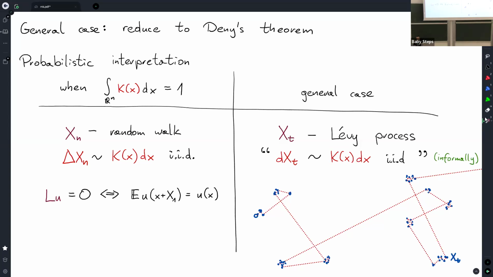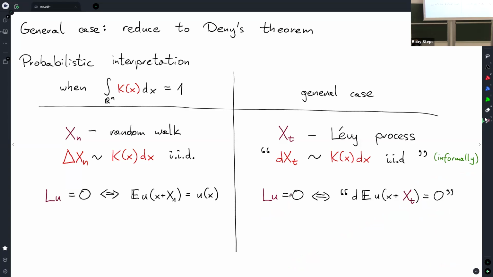I will not go into the details, but the path of the Levy process looks as here. It's very similar to a random walk, but you just have small clusters of points instead of single points in some sense.